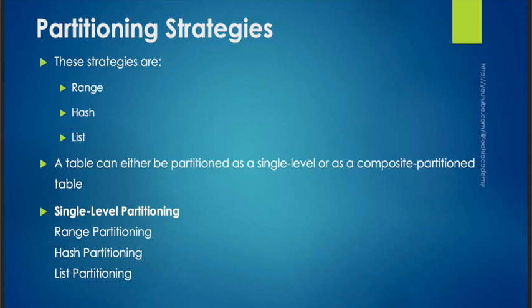For example, consider a table with a column of type number as the partitioning key and two partitions, less than 500 and less than 1000. The less than 1000 partition contains rows where the following condition is true: 500 less than or equal to partitioning key less than 1000.